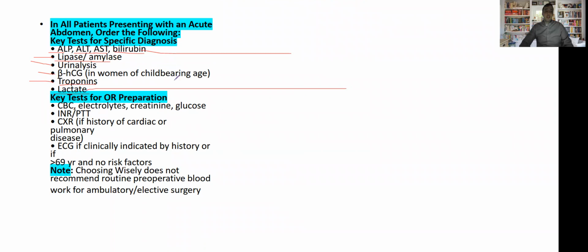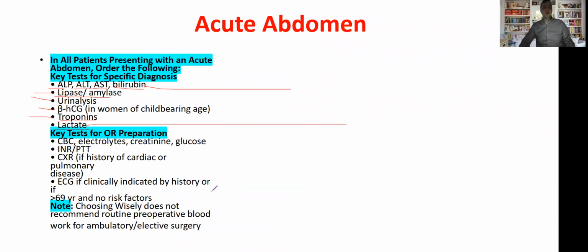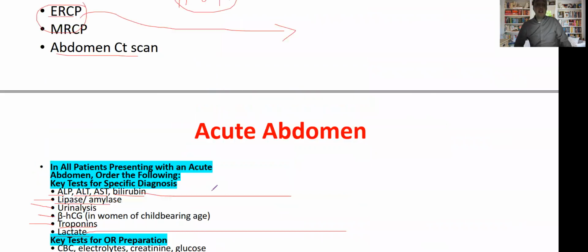And key tests for operative room preparation: CBC, electrolytes, creatinine, glucose, INR, PTT, which is coagulation, with chest X-ray and ECG. Note, Choosing Wisely does not recommend routine preoperative blood work for ambulatory or elective surgery. Here we are not talking about ambulatory and elective, we are talking about emergency surgery.